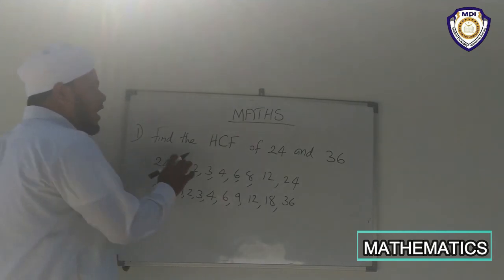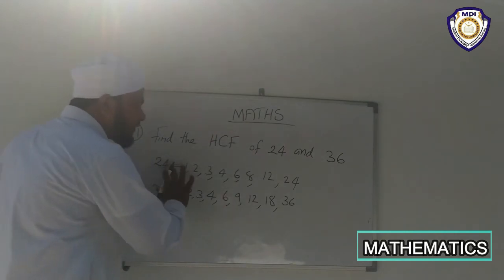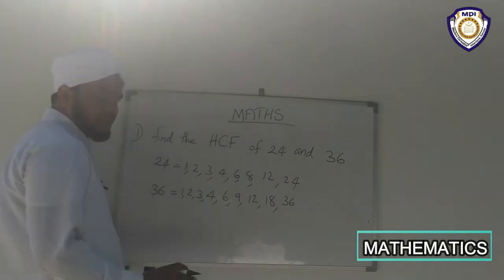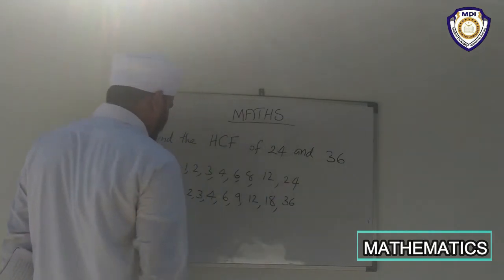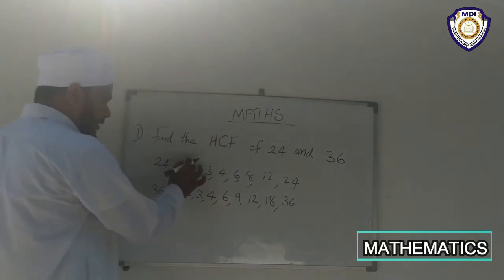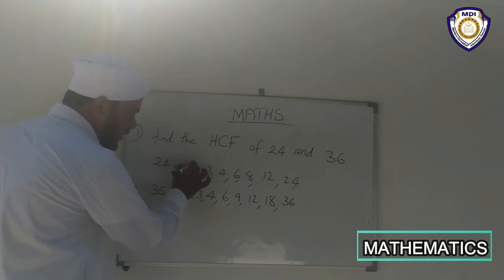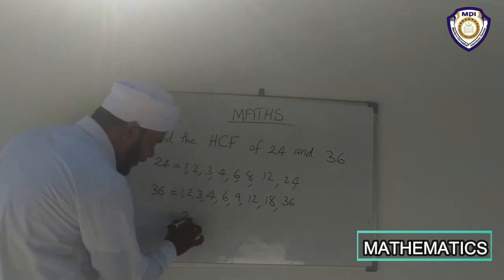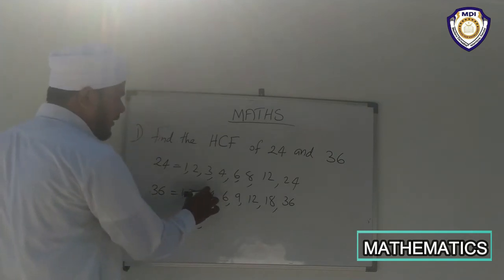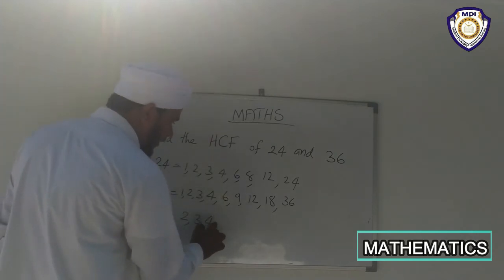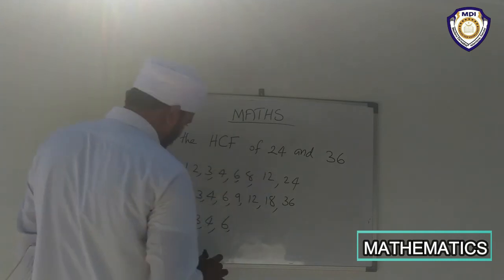Then we have to find out HCF. We get the factors of each number, 24 and 36. Next step, we select the common factors. Here 2, here 2. Then 2 is a common factor. 3, 3. 3 is the common factor. Then 4, 4. 4 is the common factor. 6, 6. 6 is the common factor. 9, there is no 9.